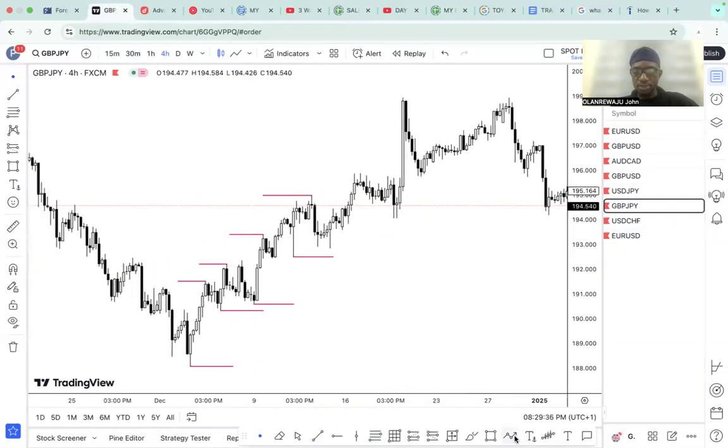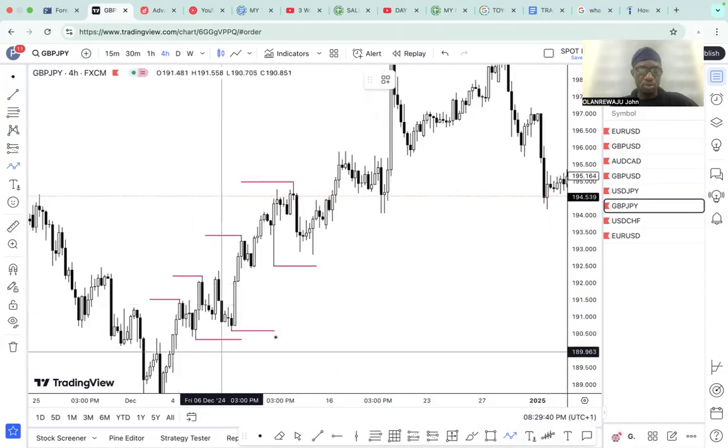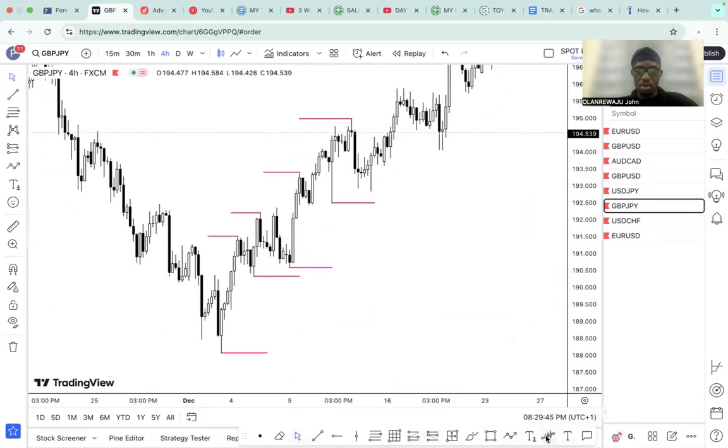But when we now put this tool on it, I'll start from here, go here, come here, go here, come here, go here, come here. I even missed that. Go here, come here, and then go here. What then can we say?